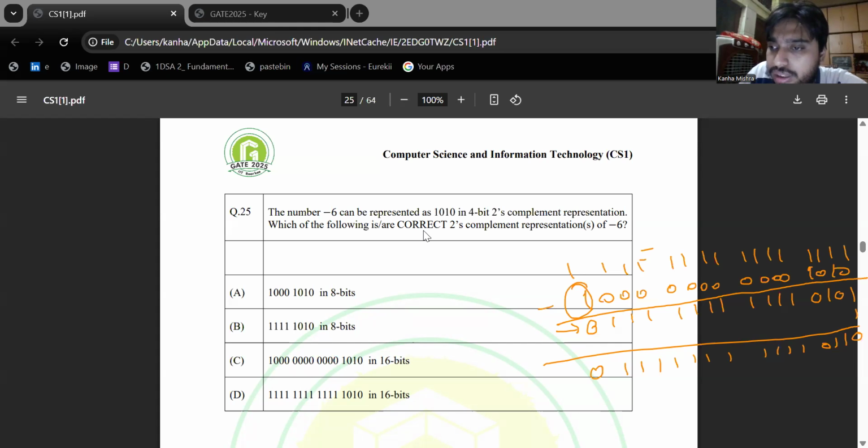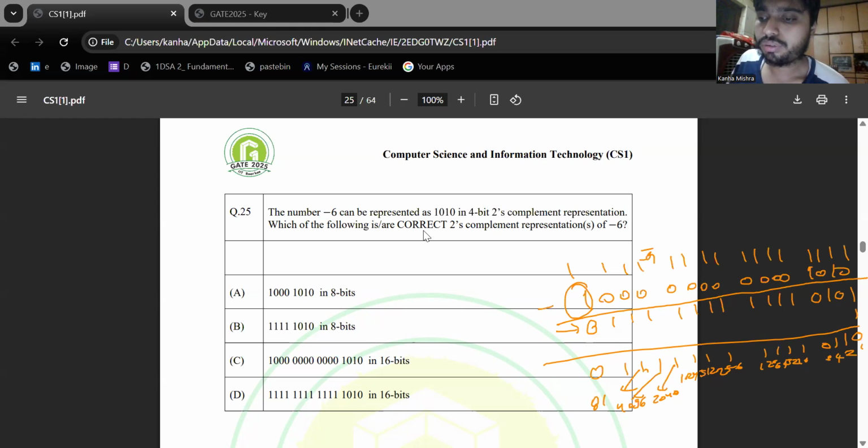It comes out to be, if I start calculating, then this is 1, this is 2, 4, 8, 16, 32, 64, and 128, 256, 512, 1024, 2048, 4096. I can again double it. It will be 8192.